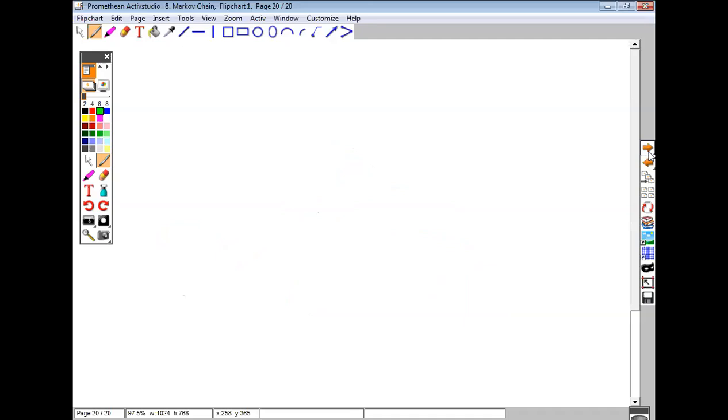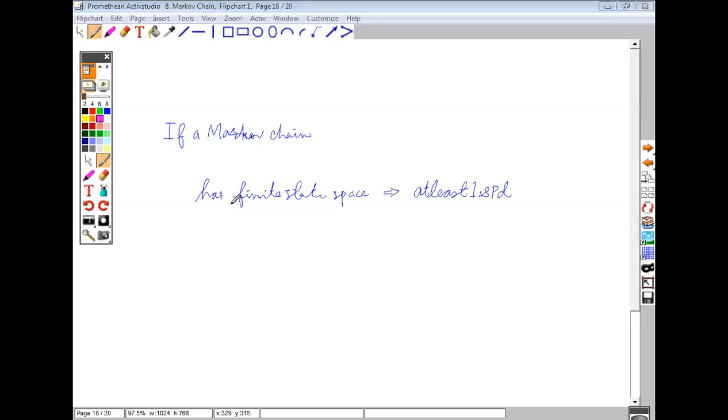And there is one more result. The result we discussed here was that if my Markov chain has a finite state space, there will be at least one stationary probability distribution. But if my chain does not only have finite state space, but is also irreducible, then I will for sure have a unique stationary probability distribution.